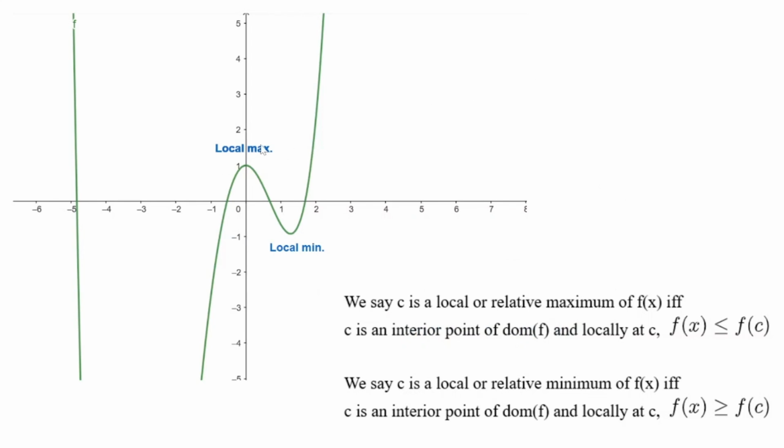Right here we have a local max because at 0, f of 0, we can find an interval where all of the function's outputs are going to be less than f of 0. And over here we have a local minimum because we can find an interval where all of the function's outputs are going to be greater than f of whatever this point is, right?